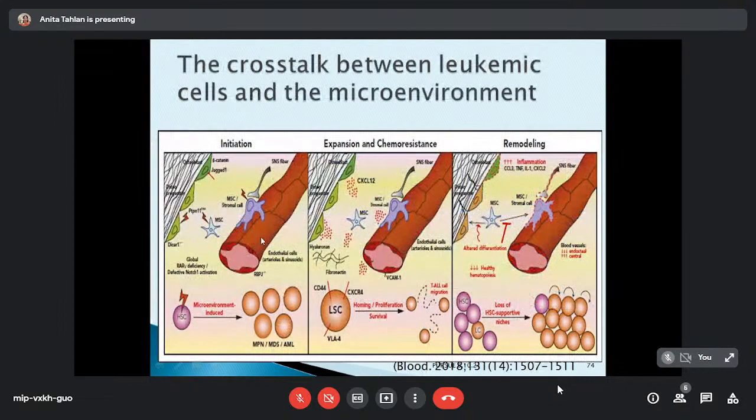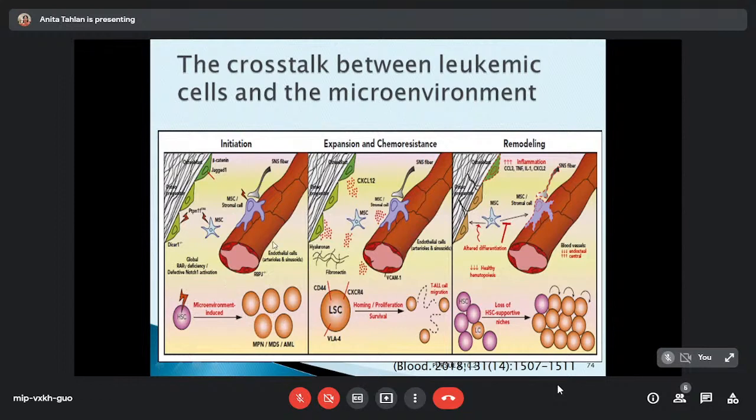So, in a leukemic bone marrow, although it's highly complex, various mechanisms are involved. In initiation, various signaling pathways like beta-catenin, JAK1, PTPN11 and ICER1, they are all involved, which leads to proliferation of these cells.